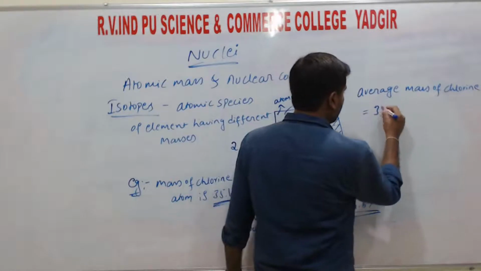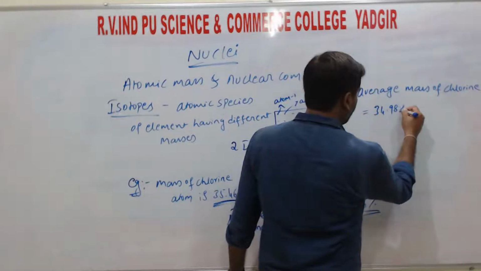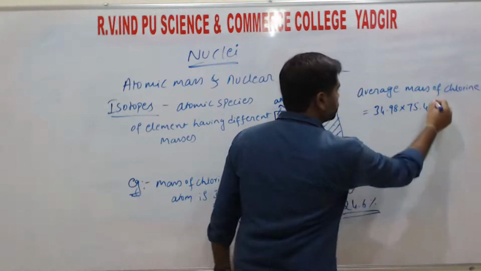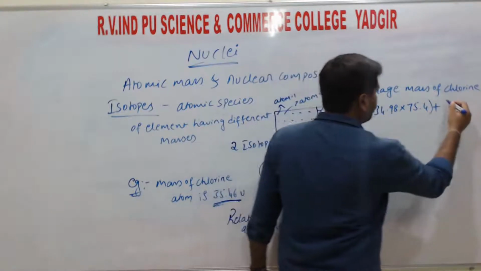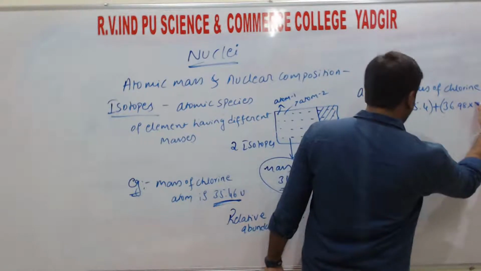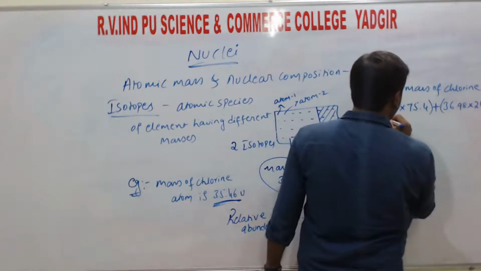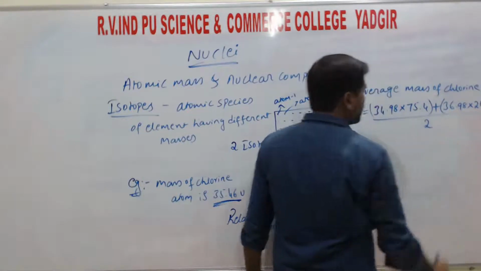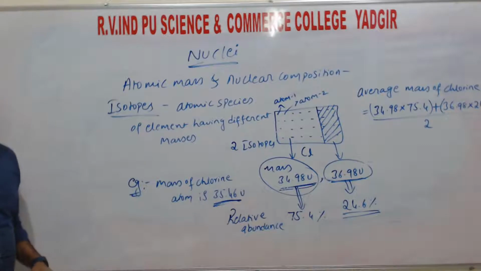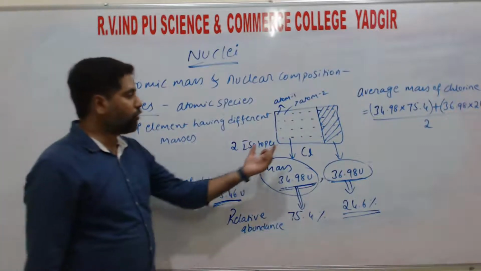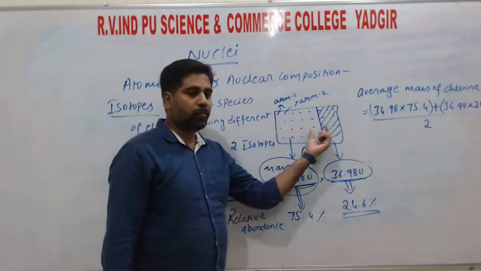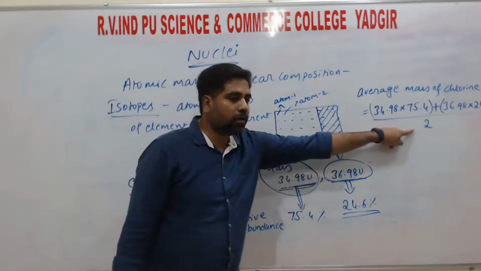That is 34.98 into 75.4 plus 36.98 into 24.6, and this whole is divided by 2. Average is the sum of two divided by 2, right? So if we need to find the average of these two, it is part 1 plus part 2, whole divided by 2.